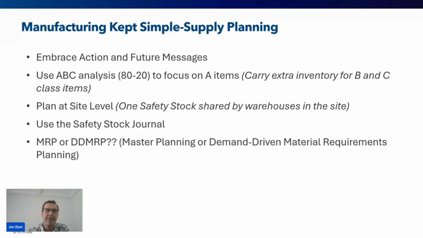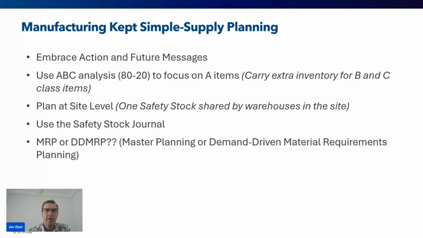These can become, I think, overwhelming if not implemented correctly. But used correctly, they can be very useful to the planners in determining what to do with the planned and actual orders that are out there in terms of maintaining consistency in the supply chain.